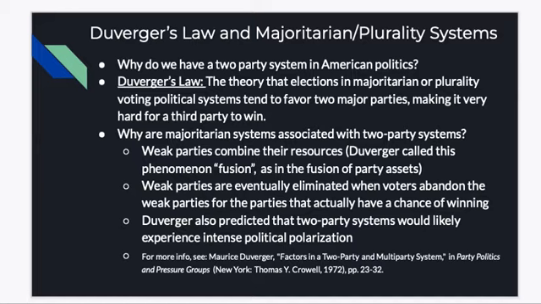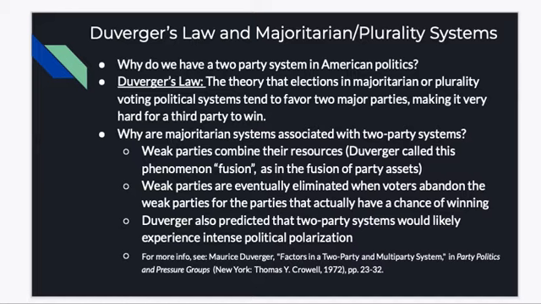So the first point that Duverger made is that weak parties, like third parties in a majoritarian system, such as the Green Party or the Libertarian Party in the US, have to combine their resources. Sometimes this means combining their resources with other weak parties or other third parties.